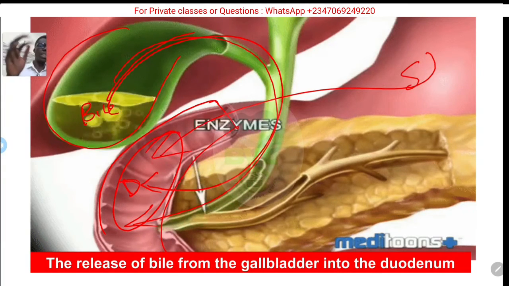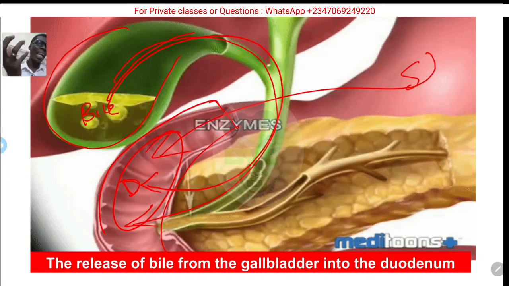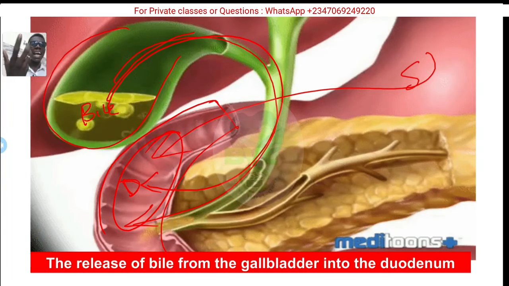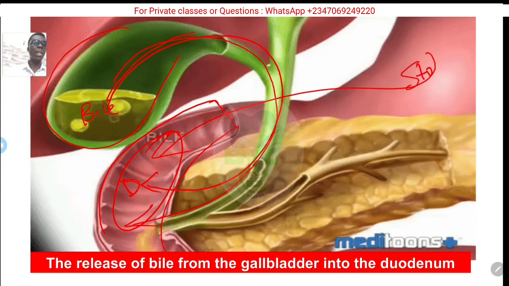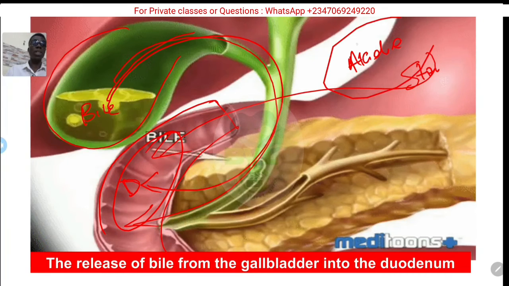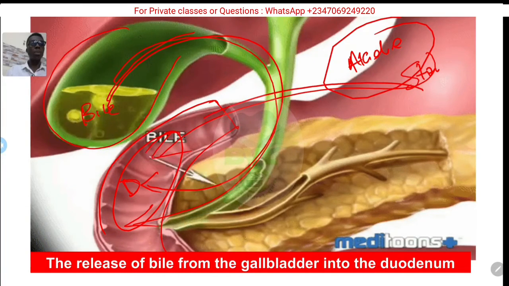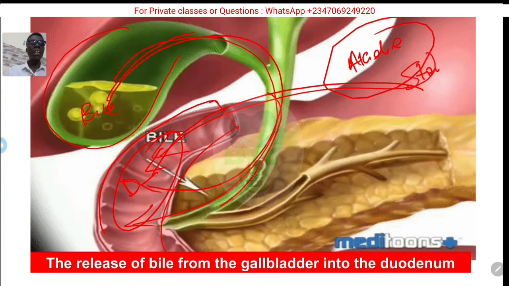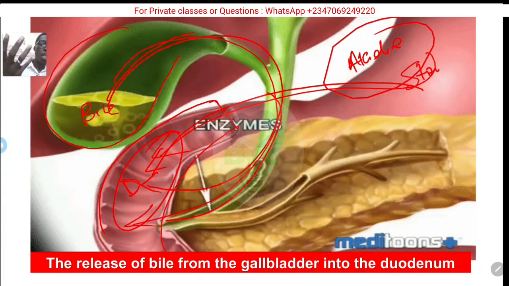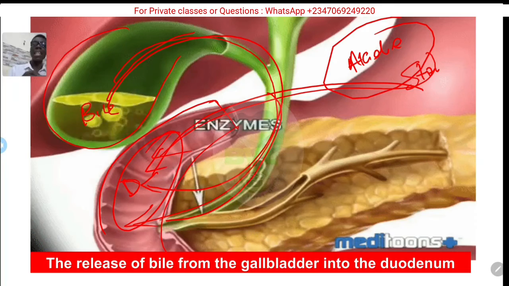One other thing again, please. Bile also helps to neutralize the content coming from the stomach. The content coming from the stomach is quite acidic. Why is it acidic? Because the stomach contains HCl. So when it comes to this place, the bile helps to dilute part of the acidity in that content.